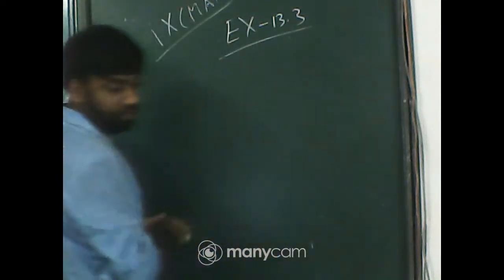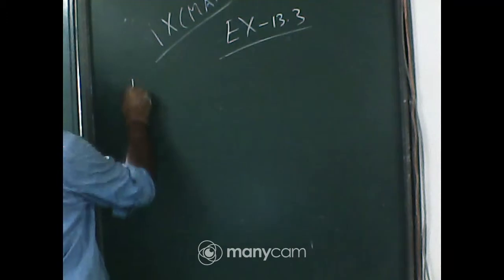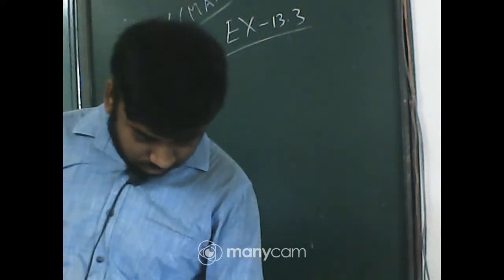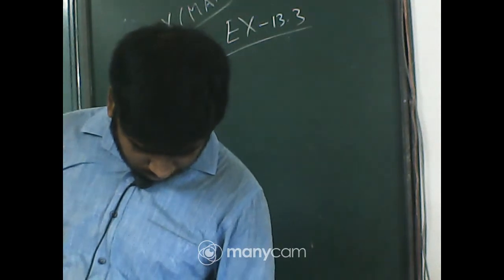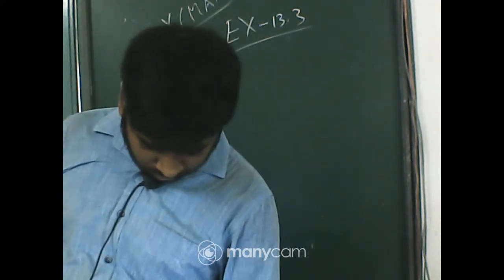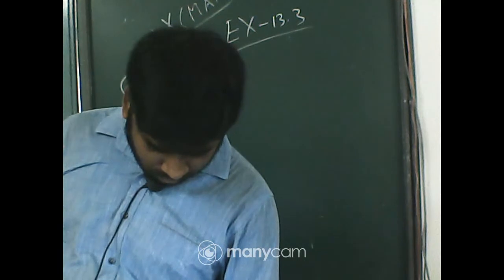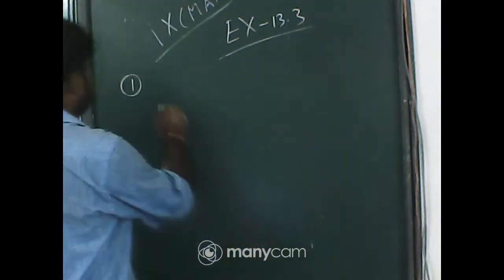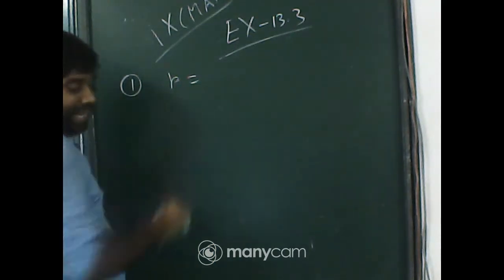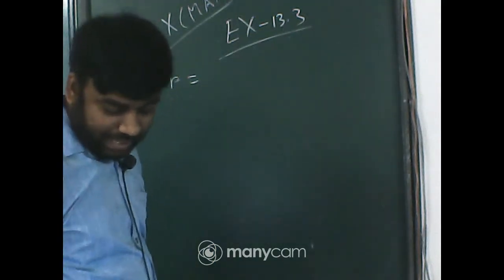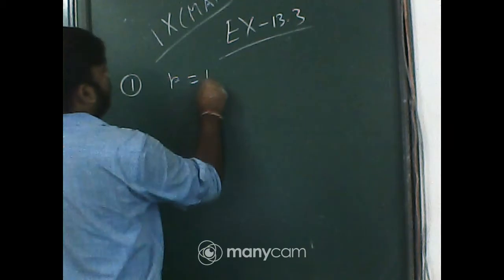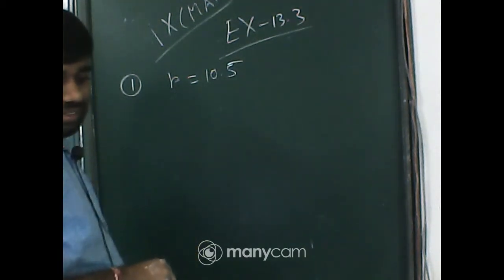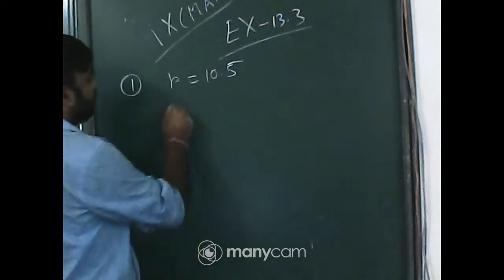Now first sum, number 1. Surface area of a sphere: question number 1, if the radius is 10.5, what is the surface area?